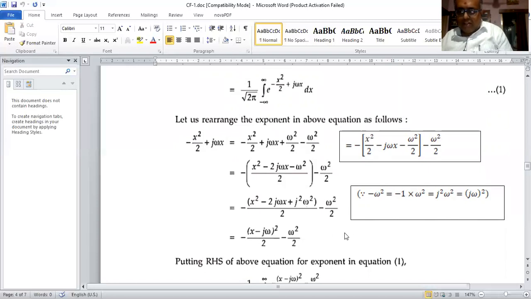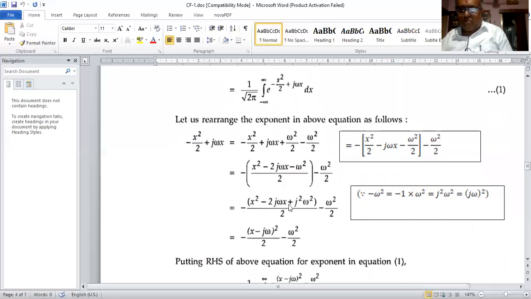This can be written as a minus b the whole squared, or x minus j omega the whole squared by 2 preceded by a minus sign. So this becomes minus e to the minus x minus j omega the whole squared by 2, minus omega squared by 2. Very, very important part.